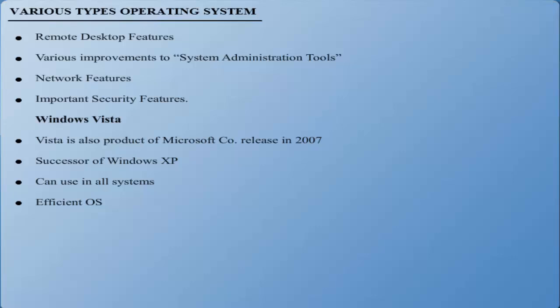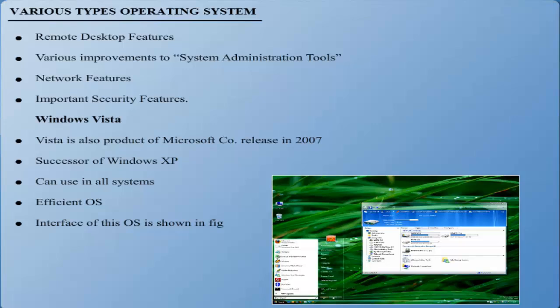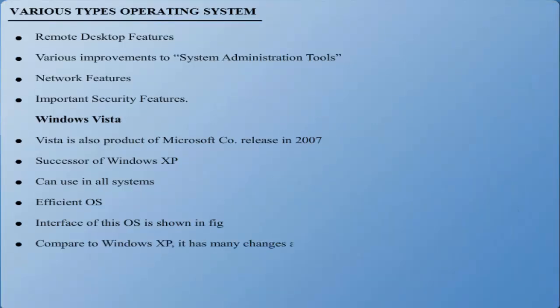As compared to Windows XP, it contains a lot of changes as well as new features such as A. Updated graphical user interface. B. New visual style. C. Updated search functions. D. Important multimedia tools which also include Windows DVD Maker.